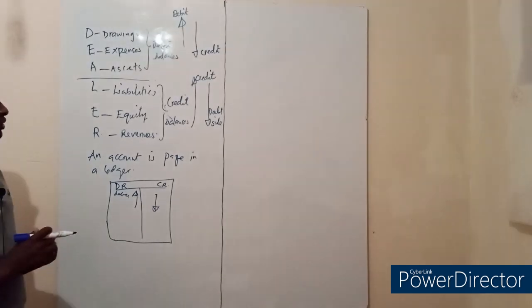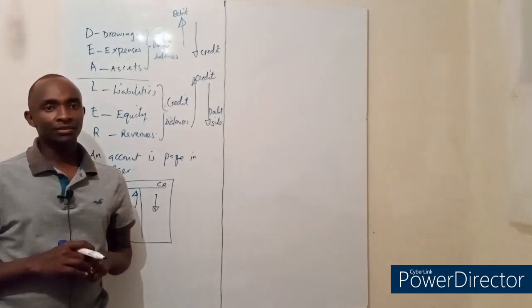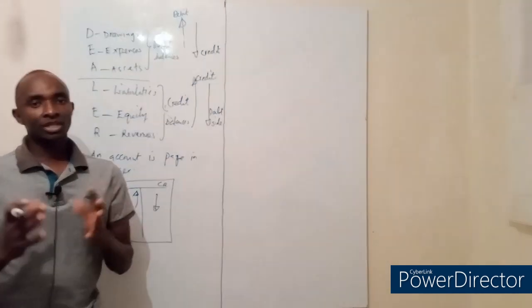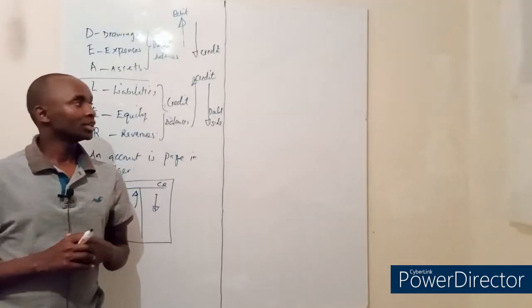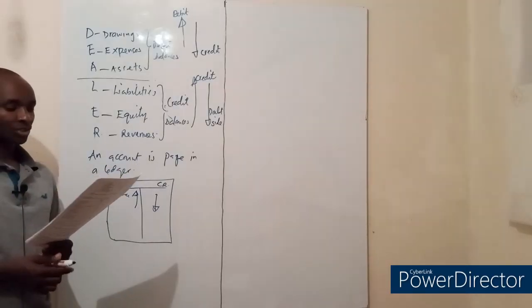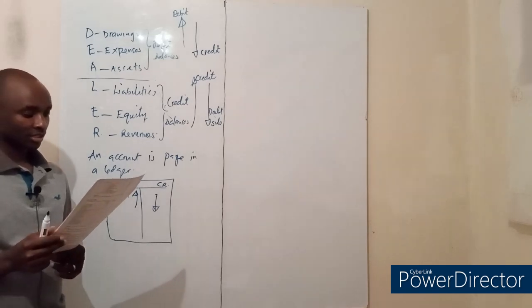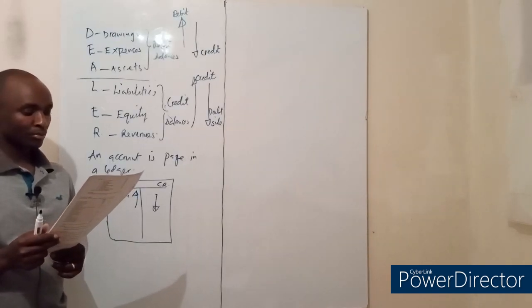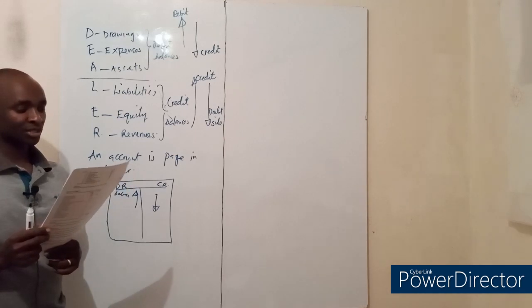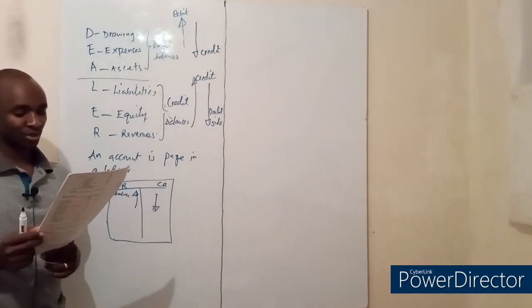So today we are going to look at an example, a KASNEB exam question, so that you get to understand this issue in depth. This is Introduction to Financial Accounting, ATD Level 1, question number 1B, that was examined by KASNEB on 30th August 2021.